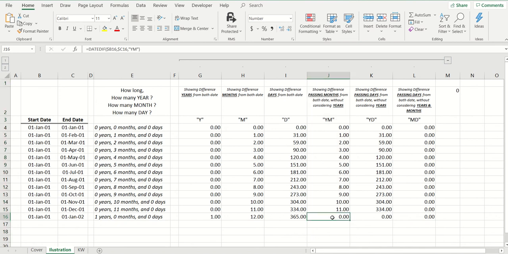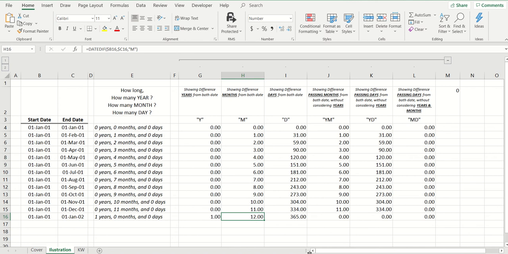In column G it is only comparing January and January without considering the year, while in column H it is considering the year between those dates.